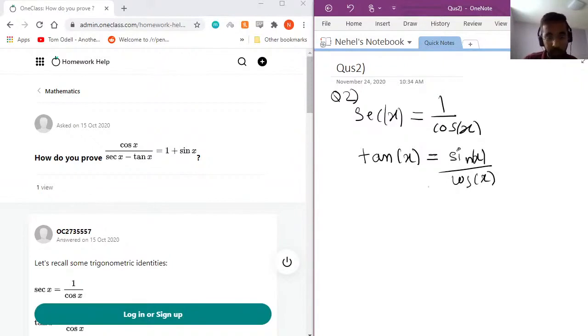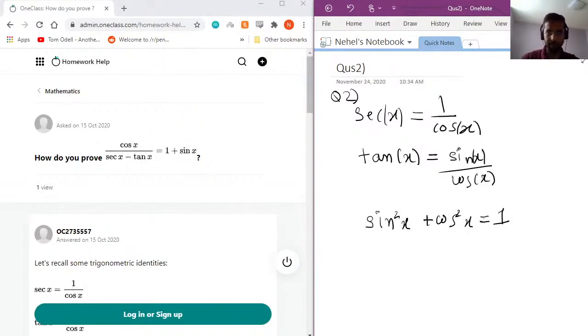And one more formula or property of trigonometry which we need to know and we will use is that sine squared of x plus cos squared of x is actually equal to 1.